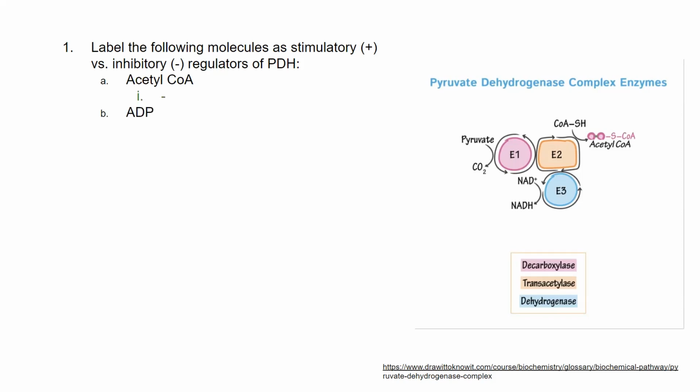Good. ADP. Good. Good. Low energy state, right? ATP. Good. Calcium. This one isn't as intuitive. Good, good, right? Because we release calcium when our muscles contract, so we need to be sending things into the TCA cycle, okay, to get more energy.